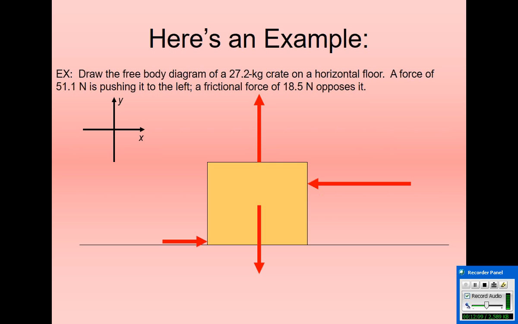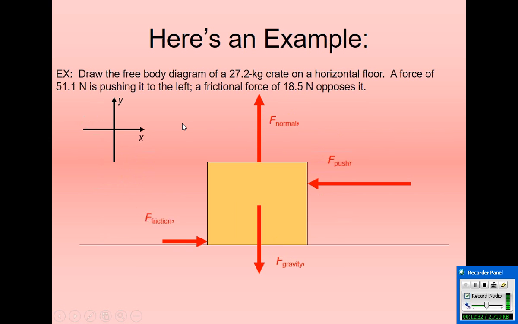Of course, the crate is not falling through the floor. It's not falling through the floor because the floor is exerting an upwards pressure on the crate to keep it from falling. So there's an upwards force of the floor on the crate, and there is the downwards force of gravity trying to pull the crate down.